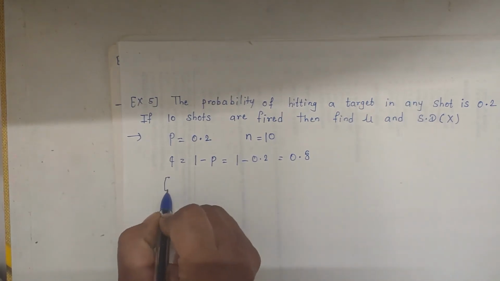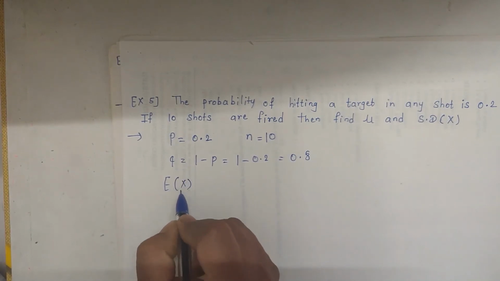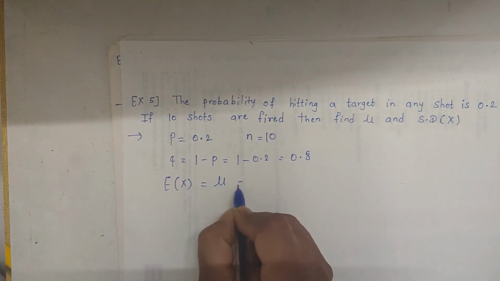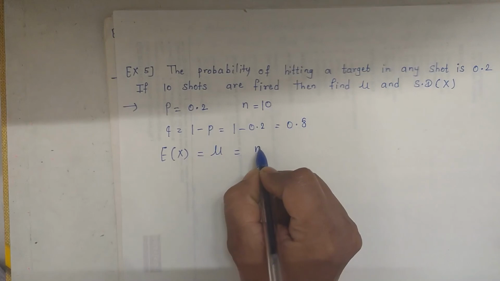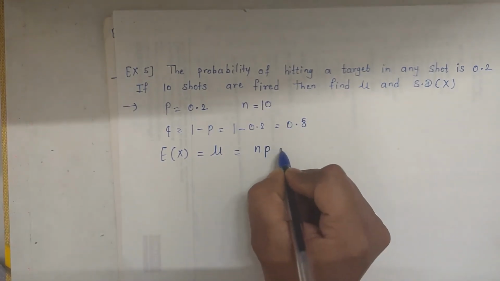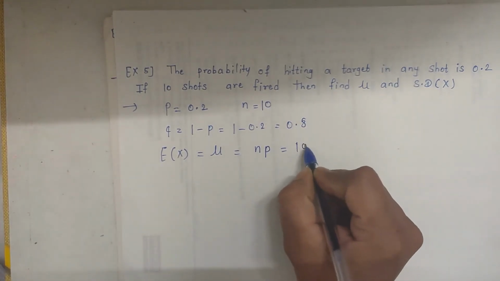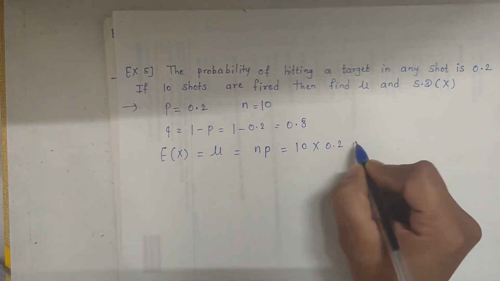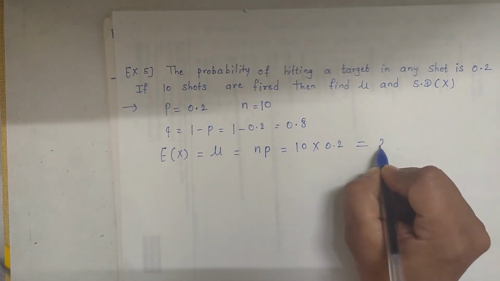And here we find the value of mu, that is, the expected value of x. E of x is equal to mu, and we know that the expected value of x is equal to n into p. Here n is equal to 10 and p is equal to 0.2 is given. So 10 into 0.2 is equal to 2.